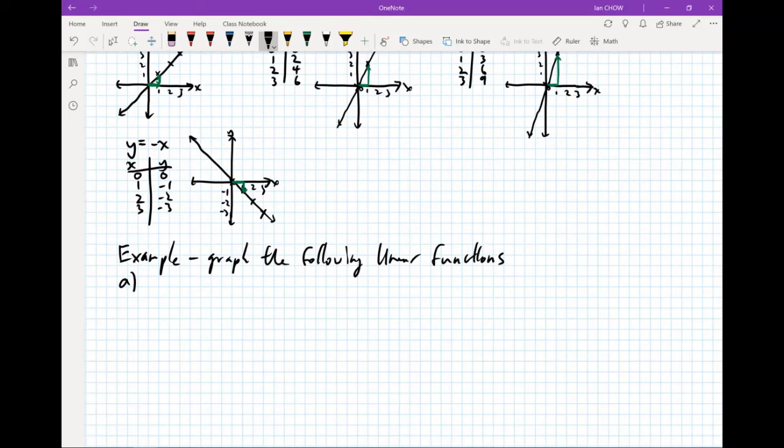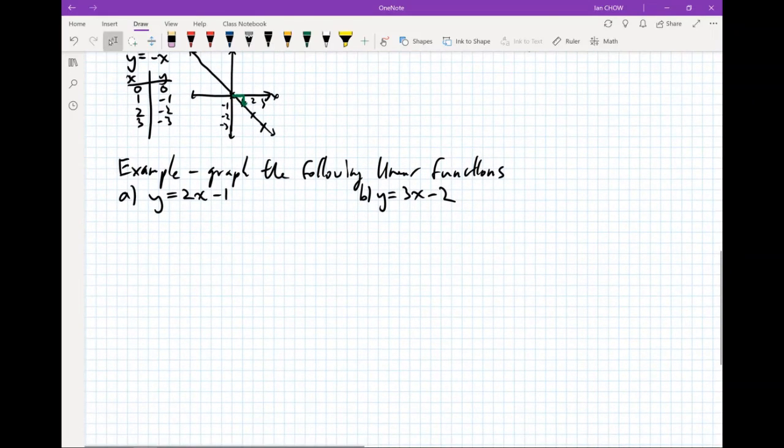For A, let's do y is equal to 2x minus 1. And then B, let's do one more: y is equal to 3x minus 2. So we have two functions over here. How do we do that?